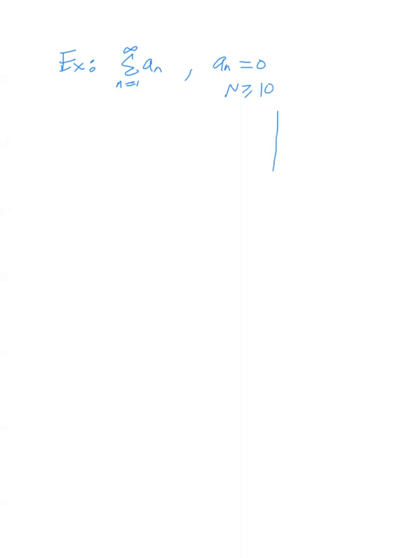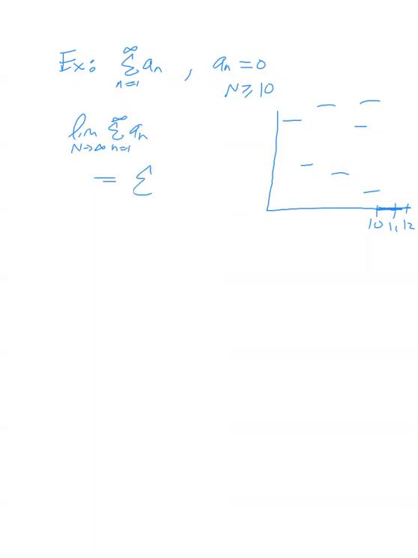And so this series is definitely convergent because it stops counting after 10 terms. If this is 10, then the area is just 0 afterwards. So the limit as capital N goes to infinity is actually just equal to the series up till n.